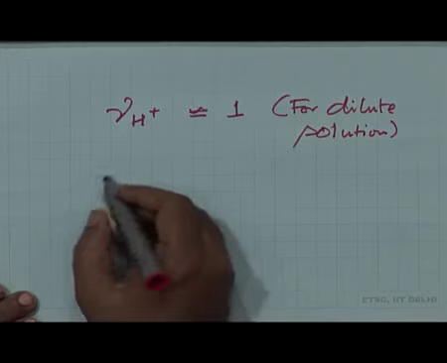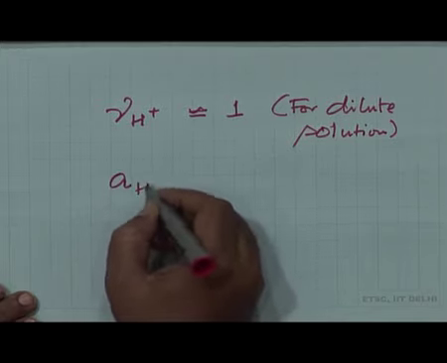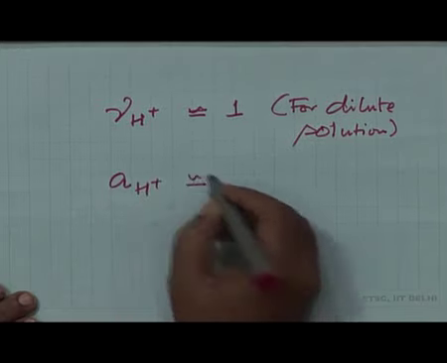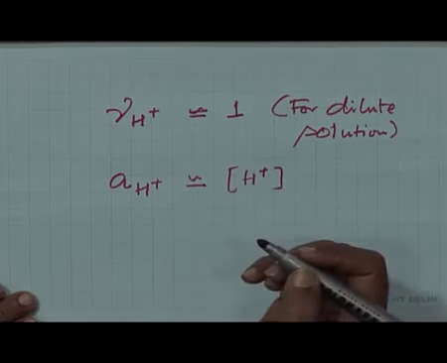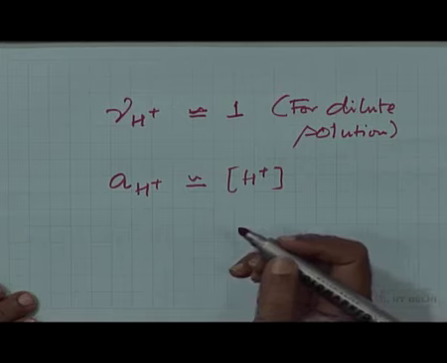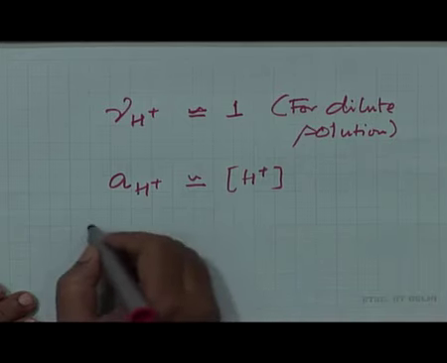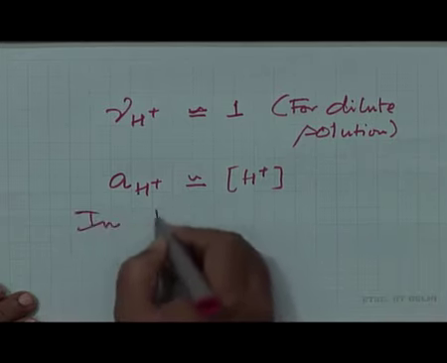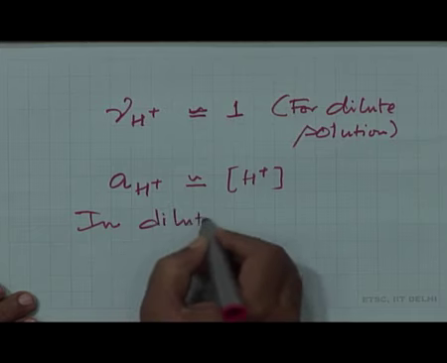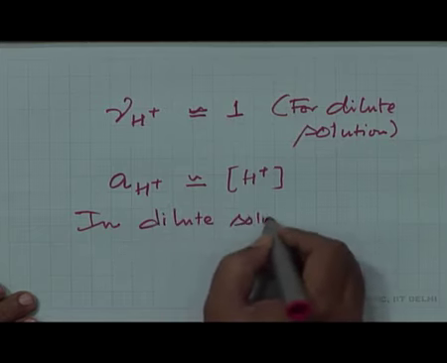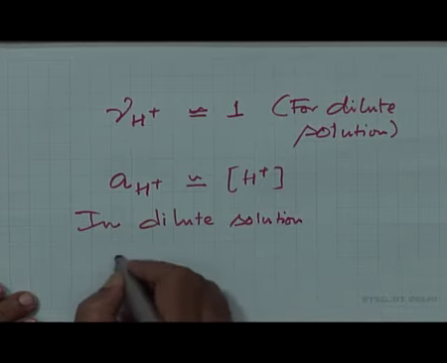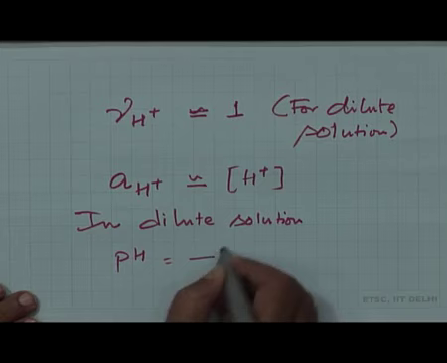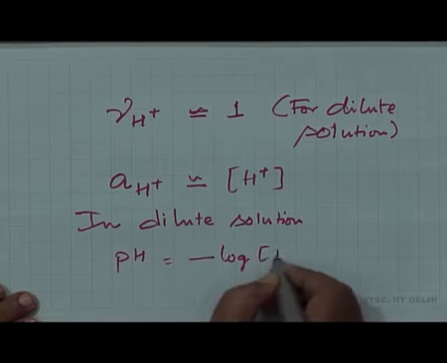And so, the activity of H plus ion in dilute solution is almost equal to the H plus ion concentration. And so, in dilute solution, pH is equal to minus log H plus ion.